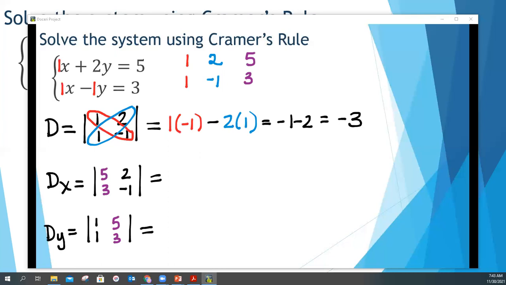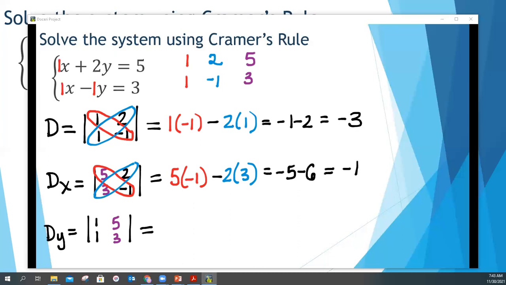So we're just going to leave that alone for now because we need to find the other two in order to find the solution. So 5 times -1 minus 2 times 3. That would be -5 minus 6, which is -11.